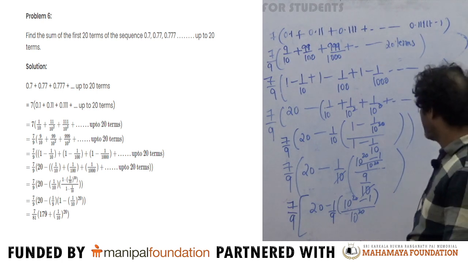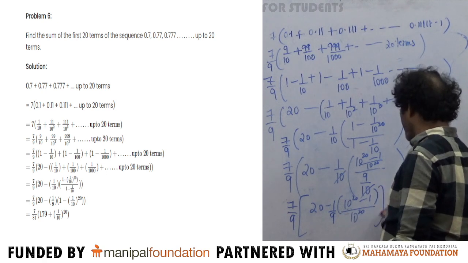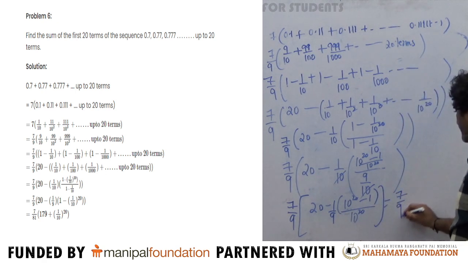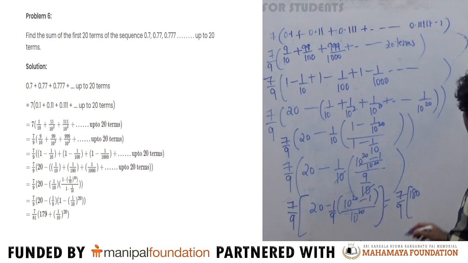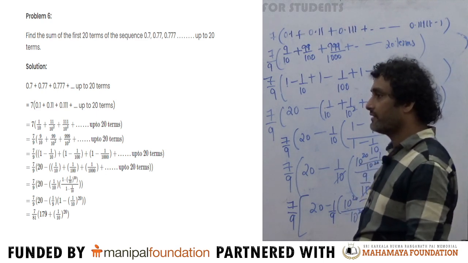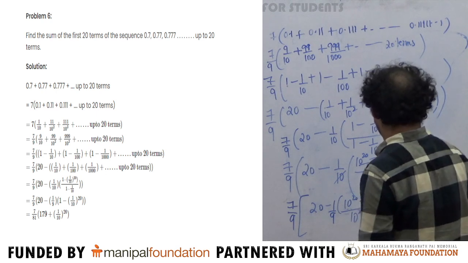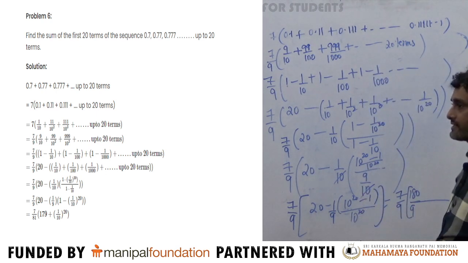They just took one LCM, okay? 7 by 9 into 180, correct, right? This 9 will come here, 180 by 9, that whole 9. This one nothing we can do, right? We'll just keep it like that. I took LCM up, right? That's it, okay? Don't do anything with this.